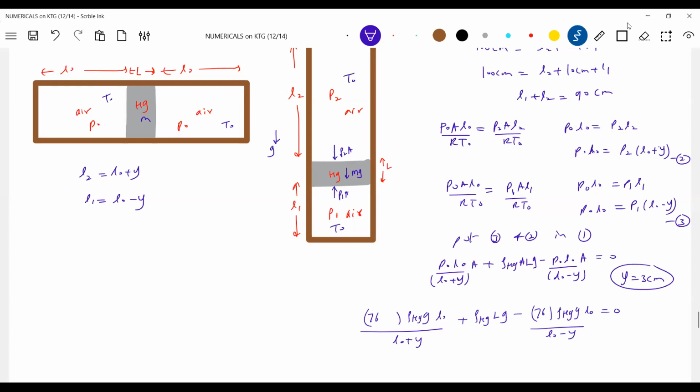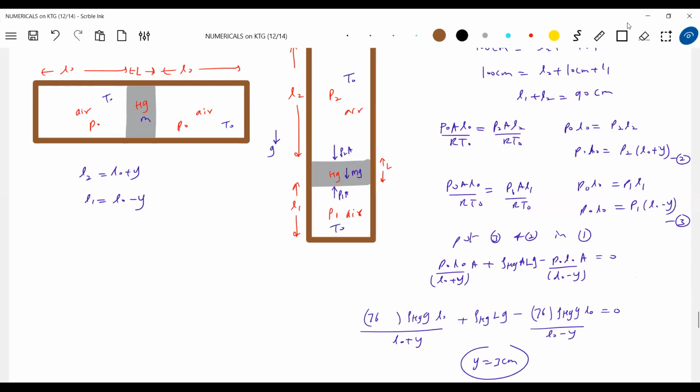L naught is how much? 45. So we'll get only a quadratic equation for Y. Solving that, Y is equal to 3 centimeter. Are you able to understand?